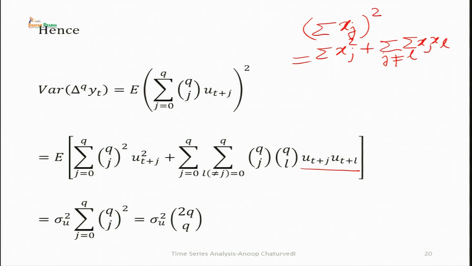And this is a simple mathematical problem. Summation j equal to 0 to q, q c j square is equal to 2 q c q.